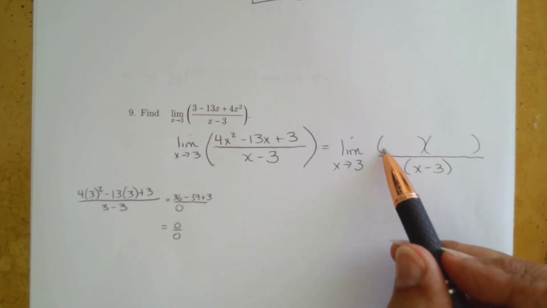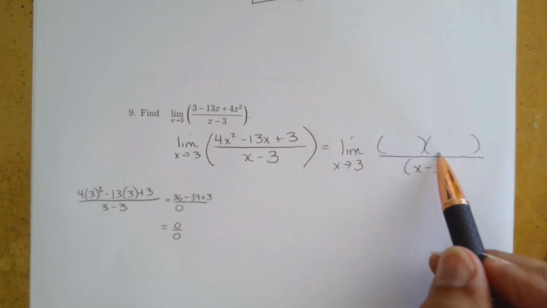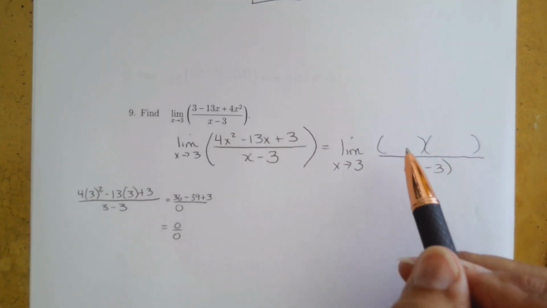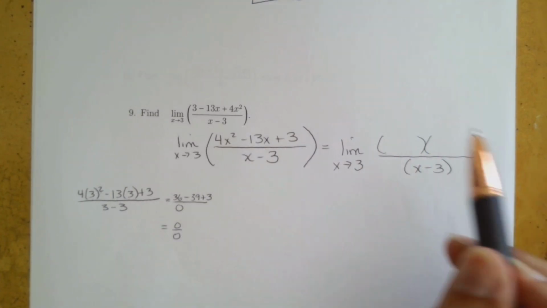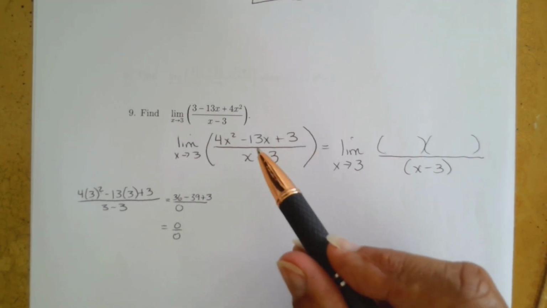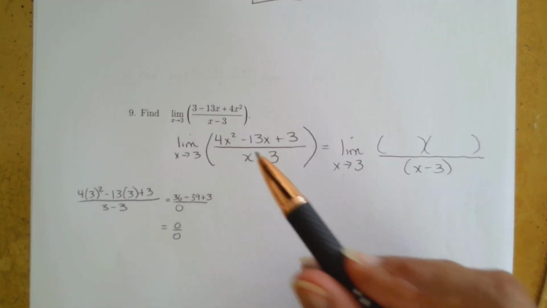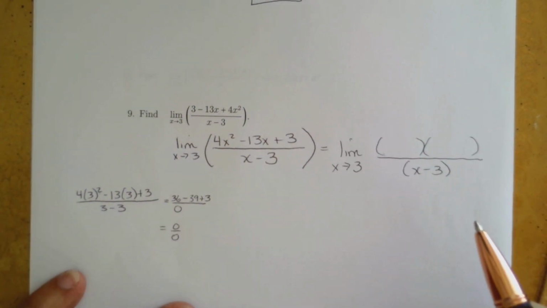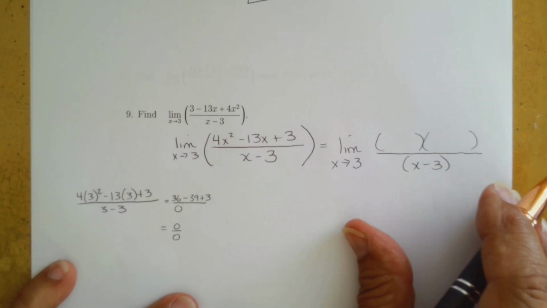I could do 4 times 1, or I could do 2 times 2. And then luckily for 3, there's only one way to get 3. 3 times 1. The problem is I need to make sure when I FOIL, I get, remember, the 13 in the middle. Okay, so you guys have learned this lots of different ways. I'm just going to do it by trial and error.